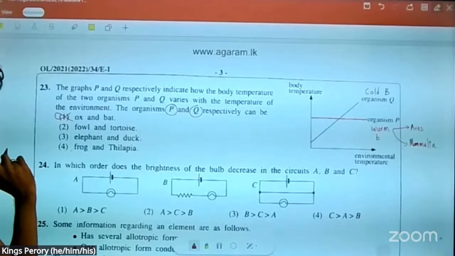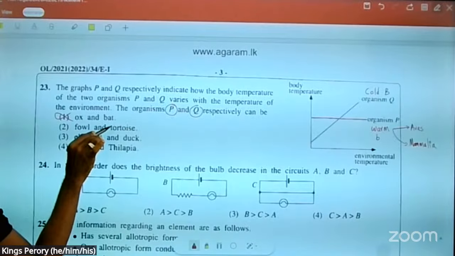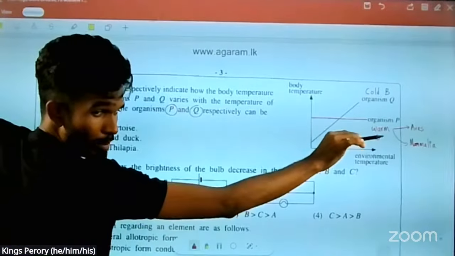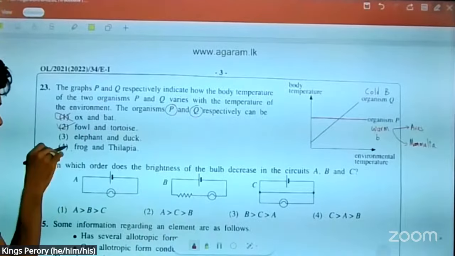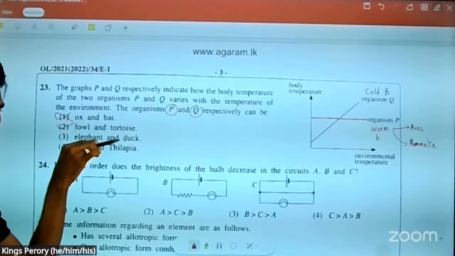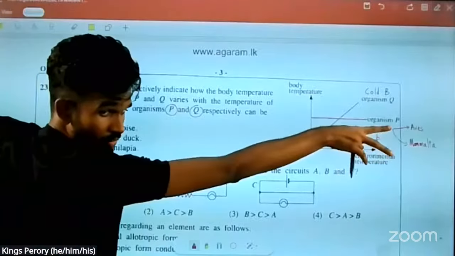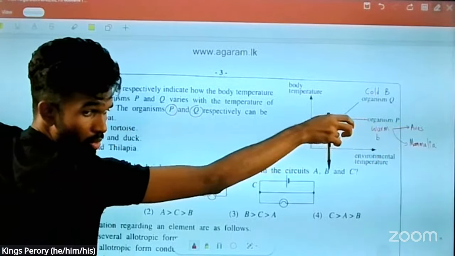Fowl and tortoise. Fowl is a bird, ave. Tortoise is a reptile. This is correct. Elephant and duck. Elephant is a mammal. Duck is an ave. Both are the same, I think both are warm-blooded.